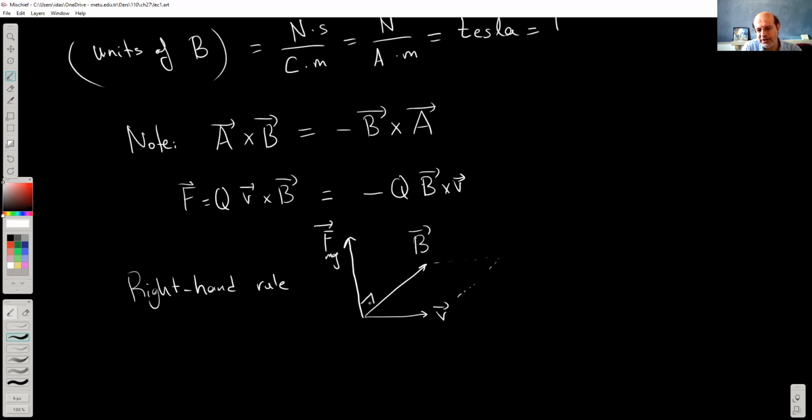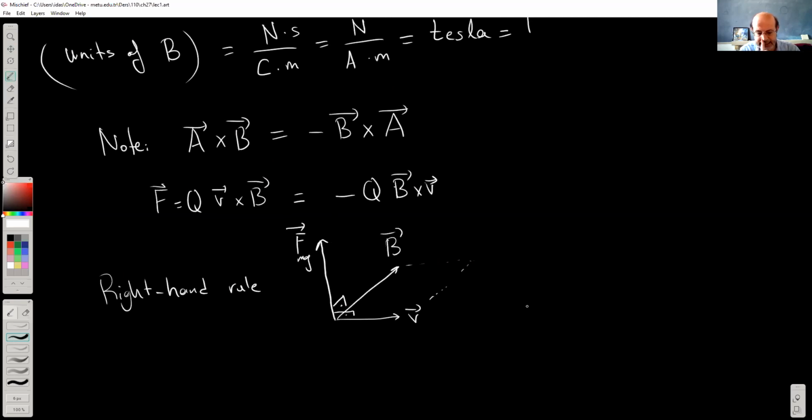Which is perpendicular to both the magnetic field and the velocity. So the force is perpendicular to both of them. And so as a result, let's see. Just a moment. Yeah, we have also this right-hand rule.